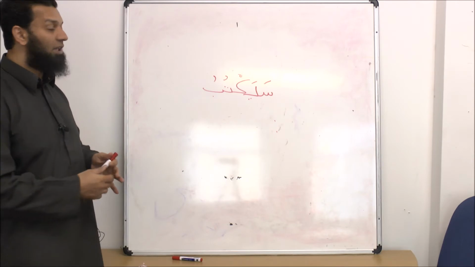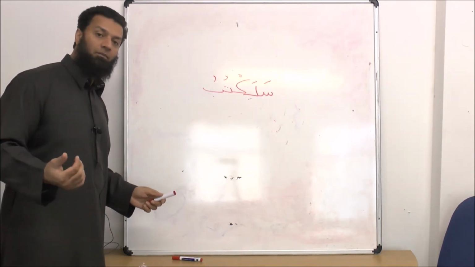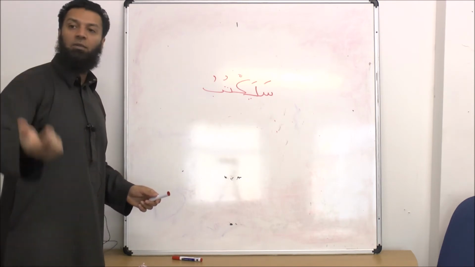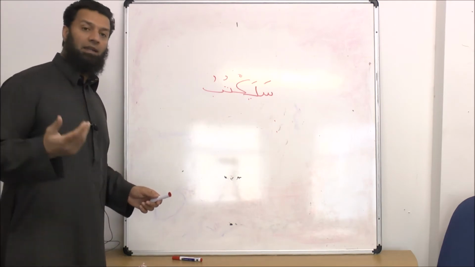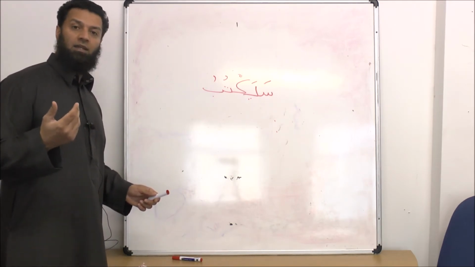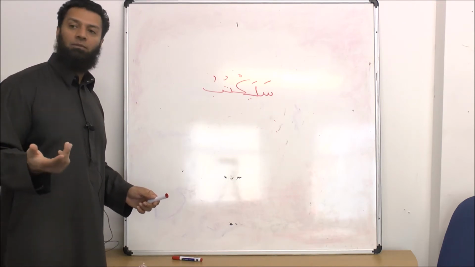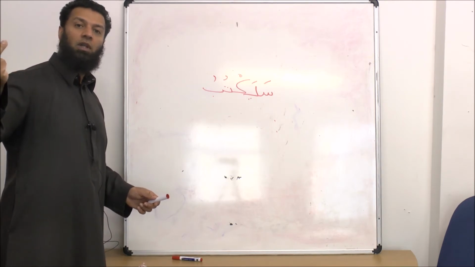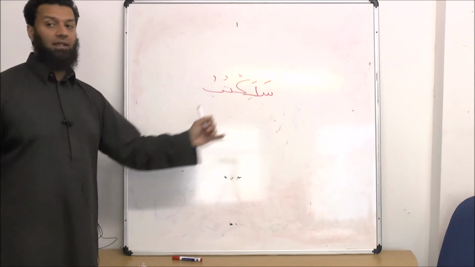A fi'lul mudari' either begins with a ya, yaktubu, or yaktubuna, or a ta, taktubu, taktubuna, taktubani, dual, or an alif, aktubu, or a noon, naktubu. So a ya, a ta, an alif, or a noon. It can never begin with the seen.